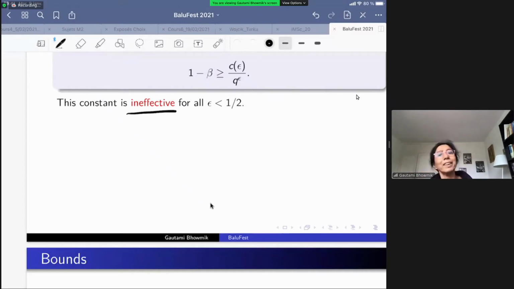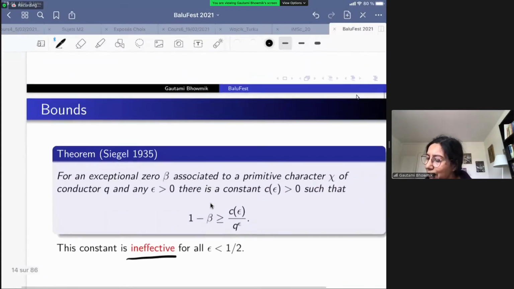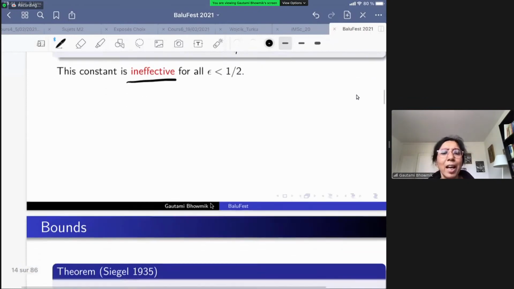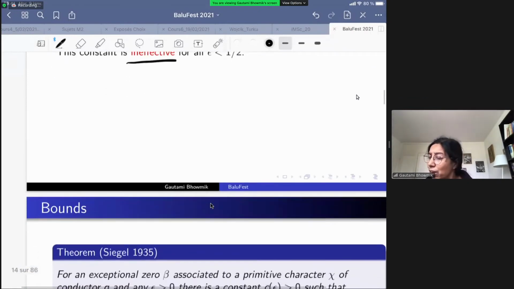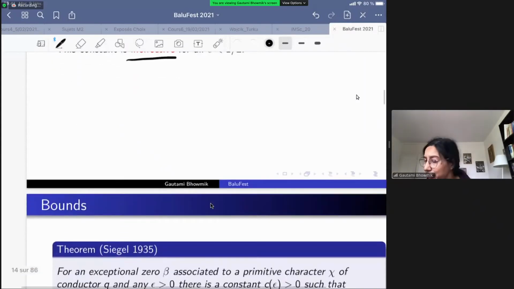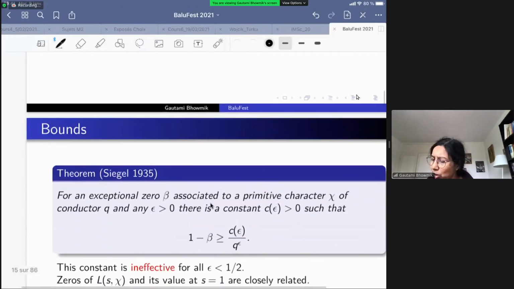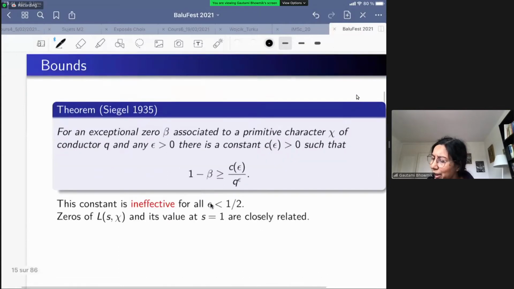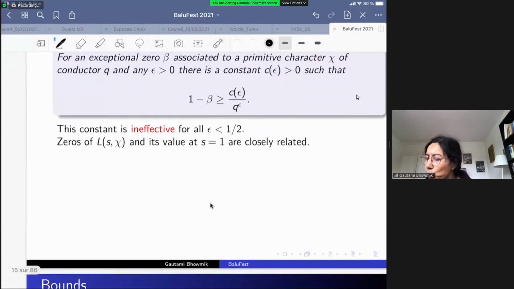However, nothing much has happened. Siegel, you see, this is 1935, which was very long ago, and seriously, unconditionally, this result stays as it is. So the only possibilities are to sort of go around the story. You try to see if you can put some conditions which will make it better.